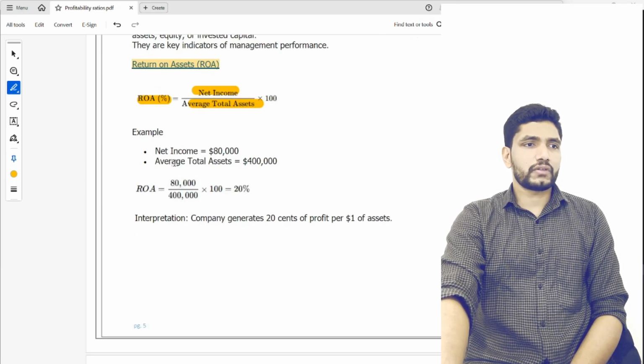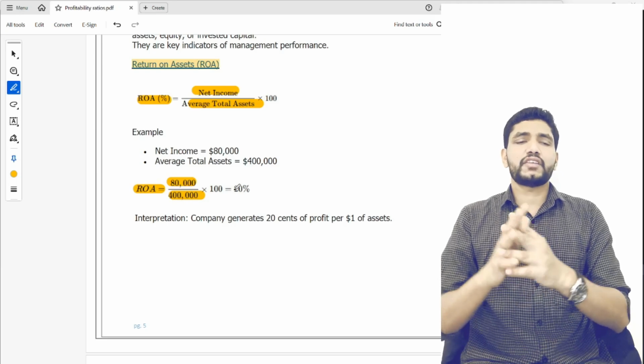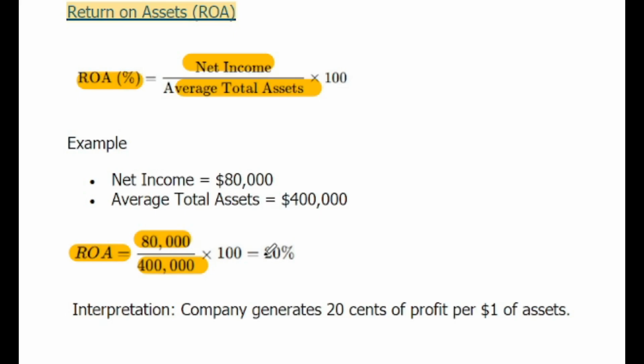So let's look into this case. The net income is 80,000 and average total assets is 400,000. So the return on assets in this case is 80,000 divided by 400,000 times 100. That means 20%. What it means is that this company is generating 20% profit per $1 of assets.